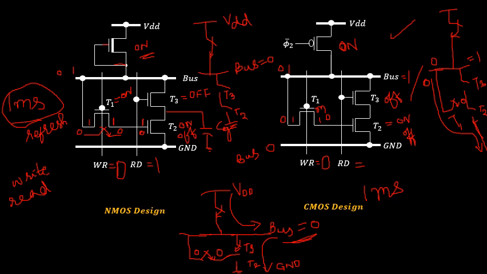So assert the read signal as logical 1 state and put the write signal as 0, because we are performing the read operation now. Once again, by default, the pull-up transistor is turned on. If you assert the read signal as 1, it means that transistor T3 is on. Suppose the bus was carrying a value of logical 1 state, so 1 is appearing over here.